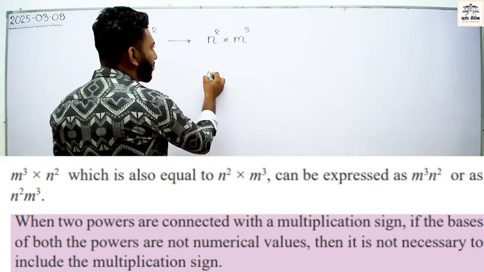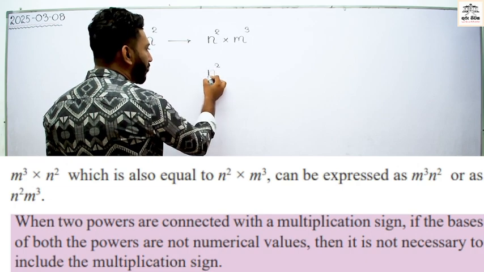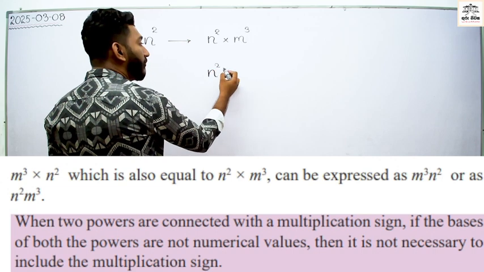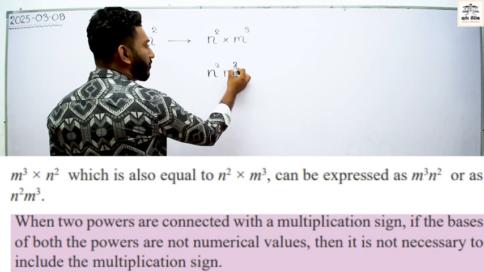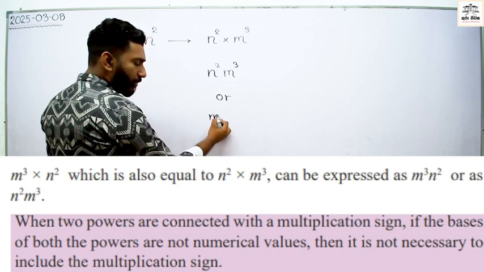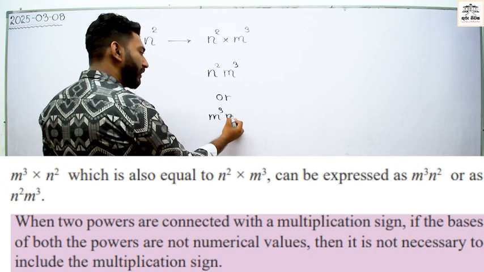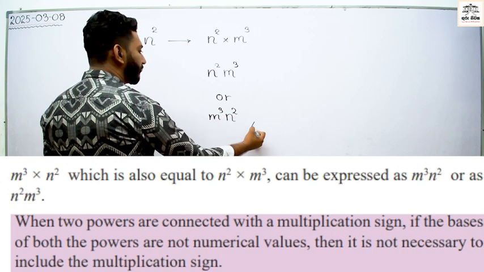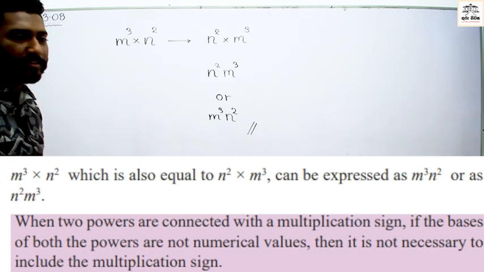Look at this: n to the power of 2 and, without the multiplication sign, m to the power of 3, or m to the power of 3 into n to the power of 2. We can write these things.